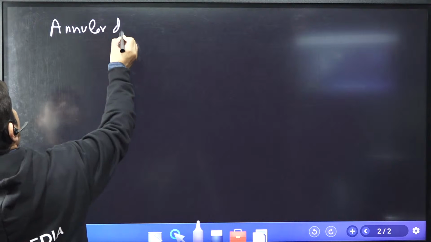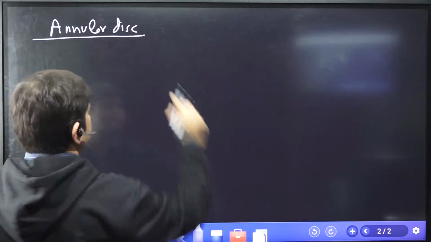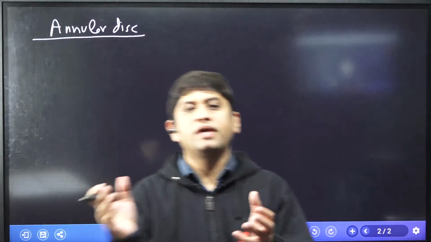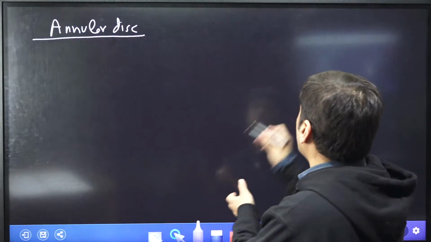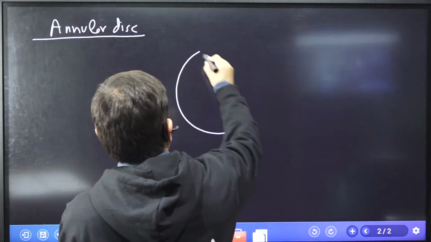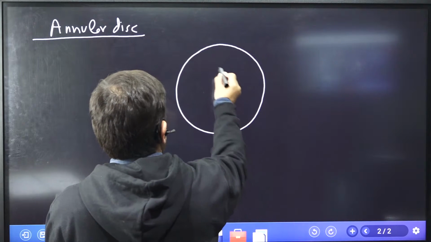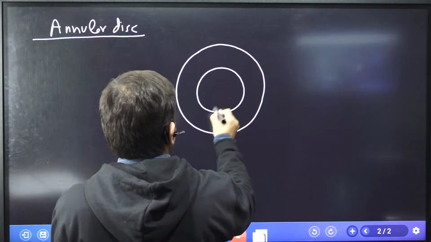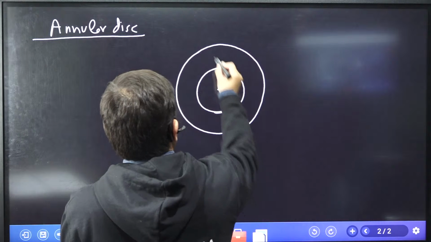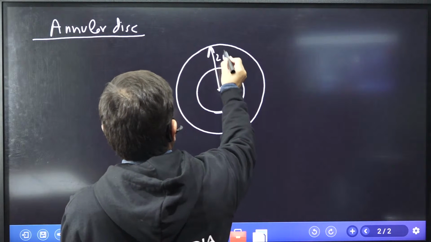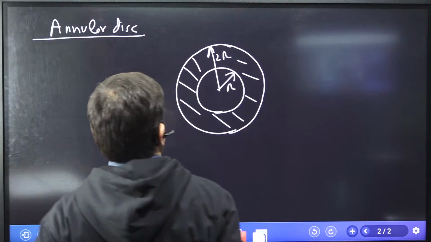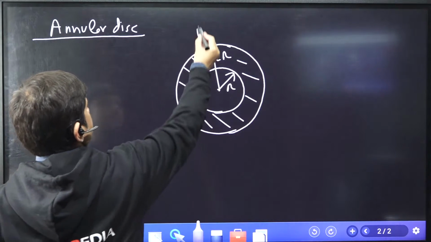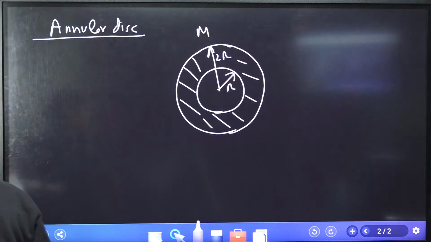What do we call an annular disk, sir? An annular disk is something between a disk and a ring, which has an internal radius as well as an external radius. Now he has given you an annular disk of mass m and radii r and 2r. Do you understand now? The mass is concentrated somewhere here. So the mass of this disk is given as m, inner radius is r, outer radius is given as 2r.